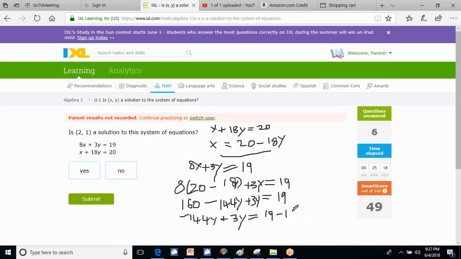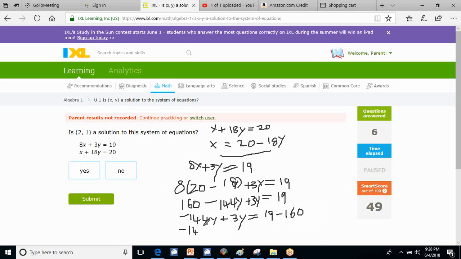You have to change the sign since you're bringing it on the other side. We're going to keep all the letters on one side, all the numbers on the other side. So minus 144y plus 3y is equal to minus 141y, right?